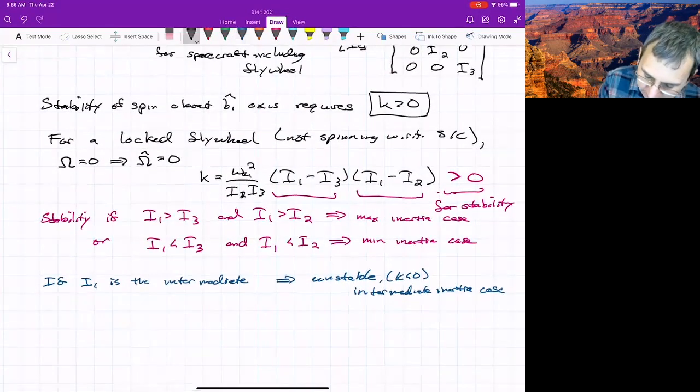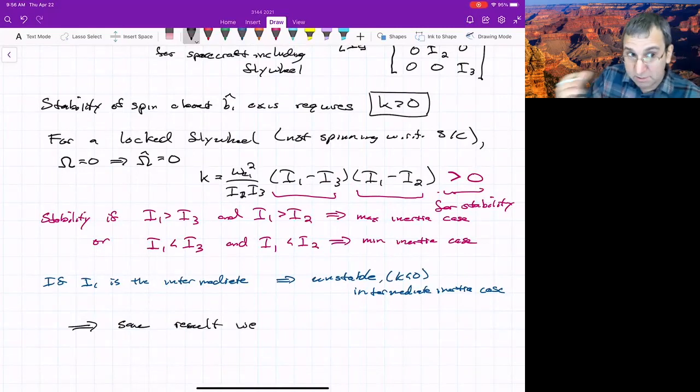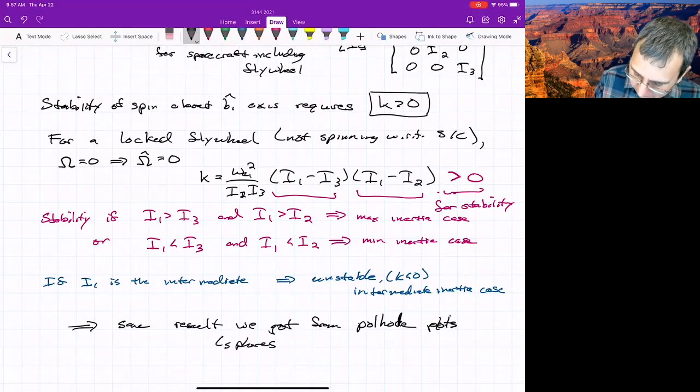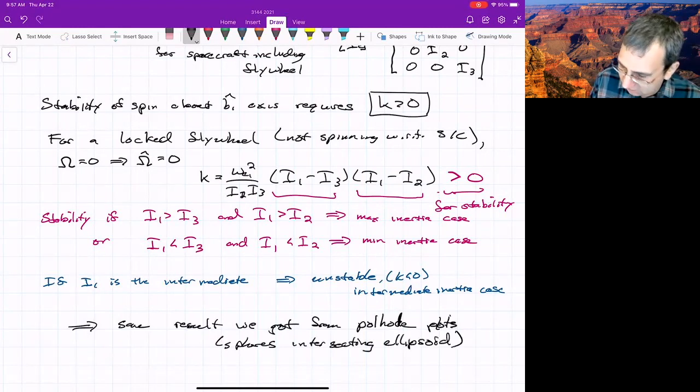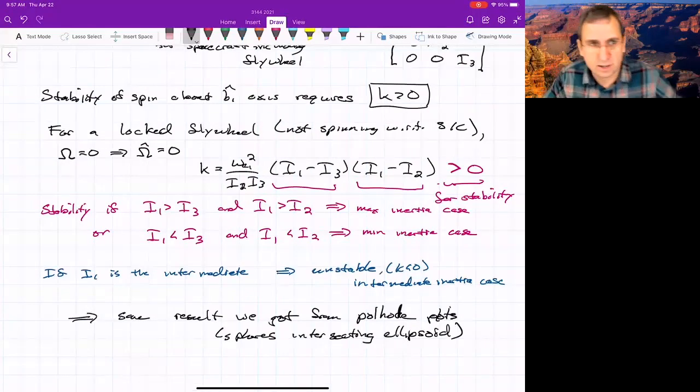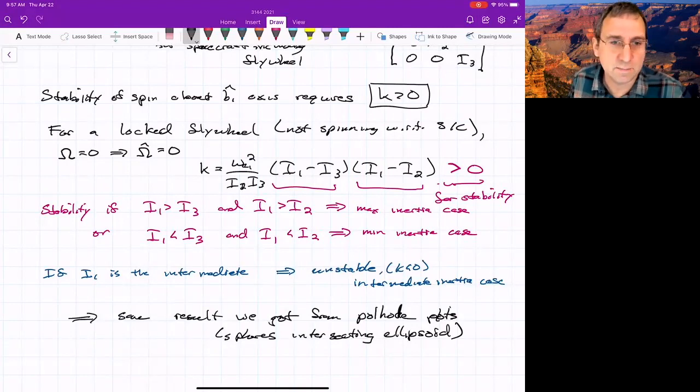So this is the same result we got with the plots the book calls pole hold plots, the motion on the sphere, all that sphere's intersecting ellipsoid nonsense. It's not nonsense, it's really clever and cool. But to the untrained eye, it's just a bunch of crazy nonsense. Good. So we've covered what we already knew. This is, in some sense, the linear analysis that shows the stability or instability cases.